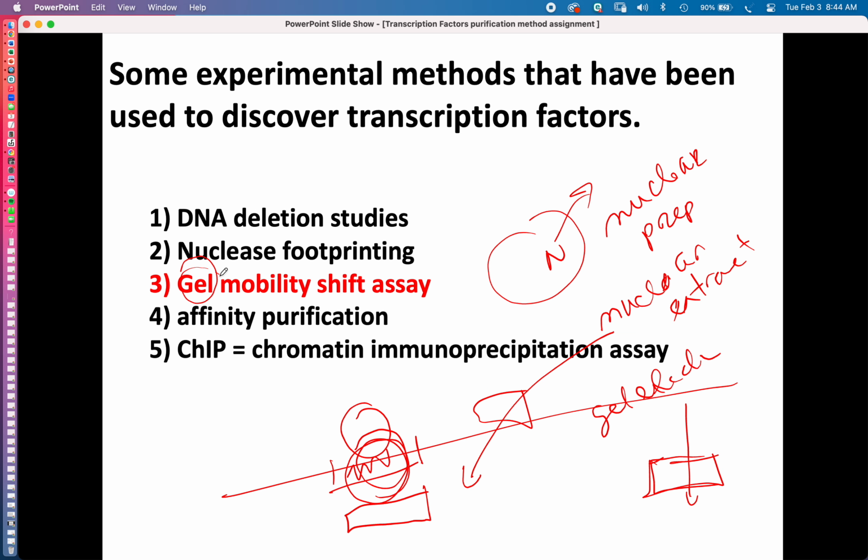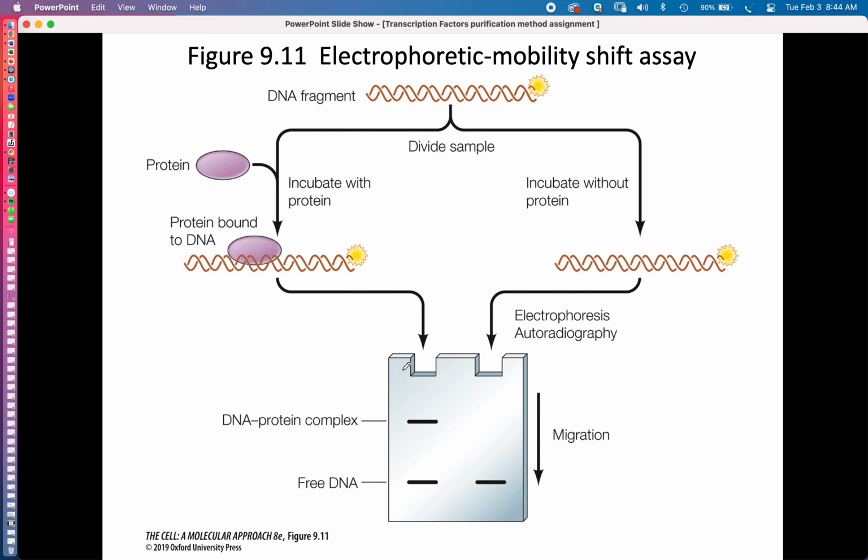So this is a nice natural naming of this method. It's a gel mobility shift. We're going to shift the mobility, and this is what the result is like: without the protein, we get the DNA moving through the gel pretty quickly, and with the protein in that nuclear extract, it moves slower.